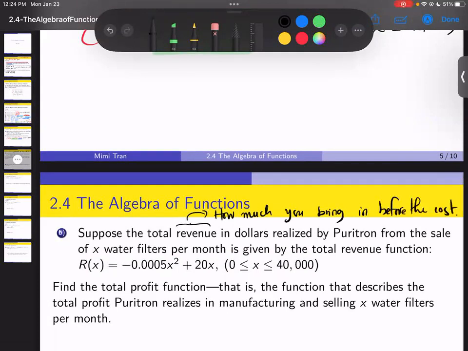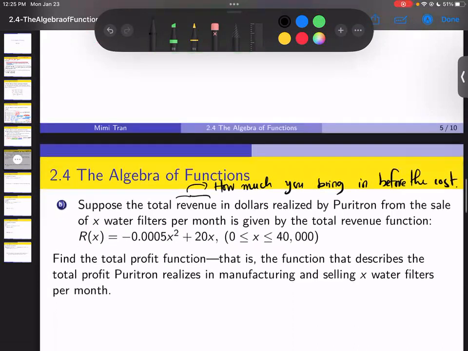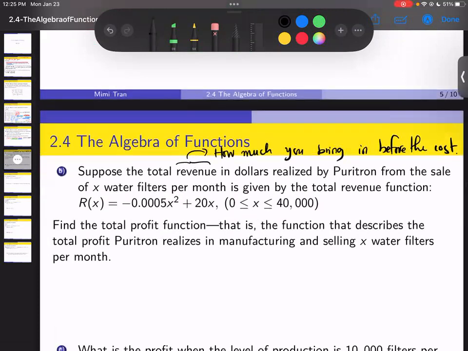You don't have to write that, it just reminds you. Now find the profit function, the function that describes the total profit that the company makes by selling x water filters. They're selling filters, they're not services, they sell stuff.